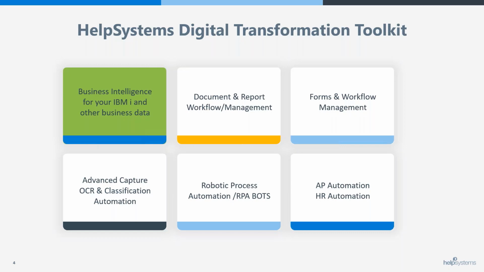Robotic process automation to really help you orchestrate and automate any business user or server-based tasks that are done manually today. And last of all, we can help you with any of your departmental automation processes like accounts payable, accounts receivable, and even HR automation processes.